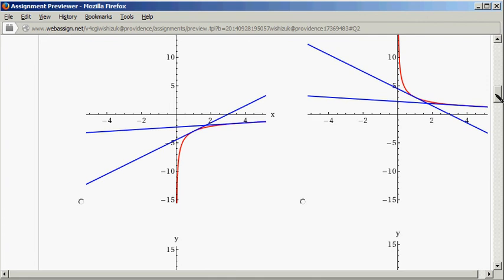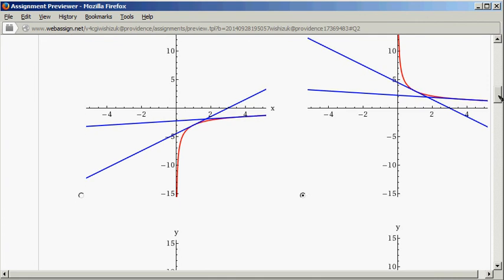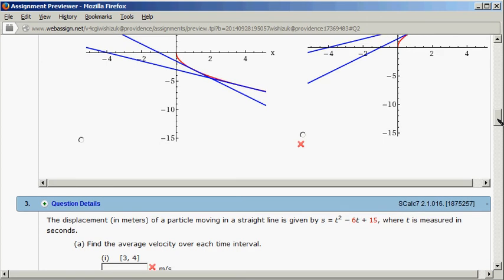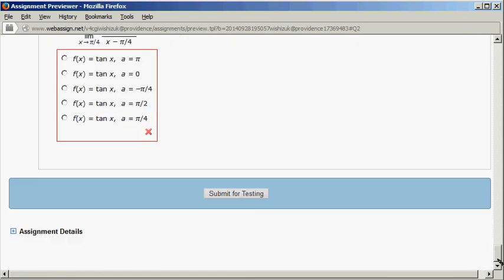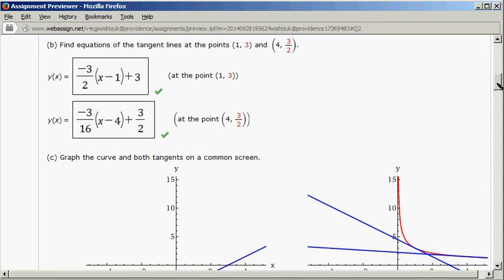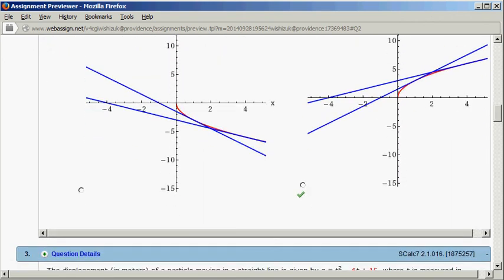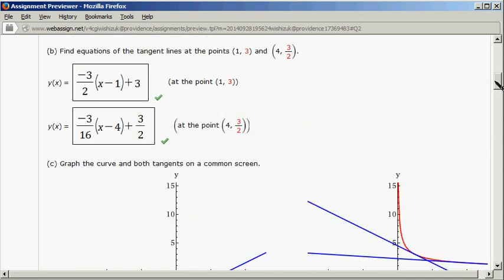It's got to be this one because all the other ones have the wrong original graph. So let's check. It came back and looks like we got the graphs correctly as well. That's it. I hope that this was clear.